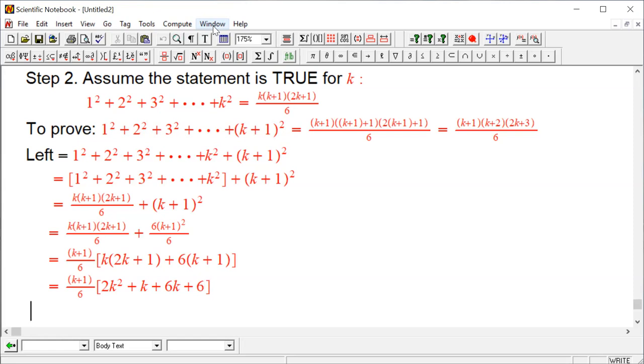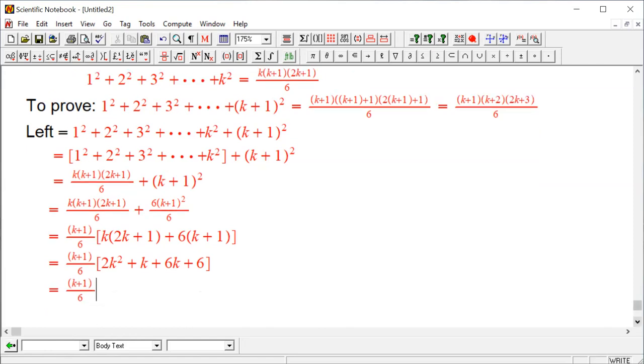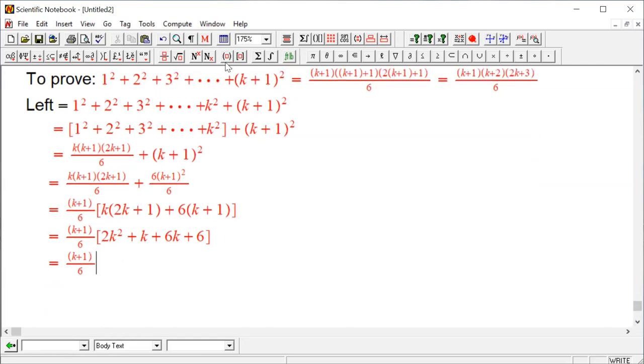Then we organize the inside of the bracket, combining like terms, we get 2 times k squared plus 7k plus 6.